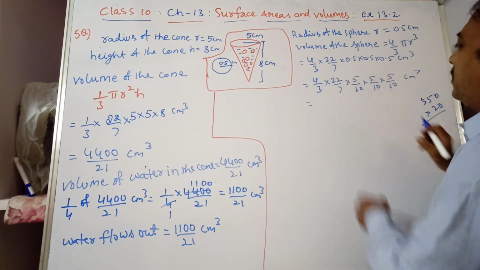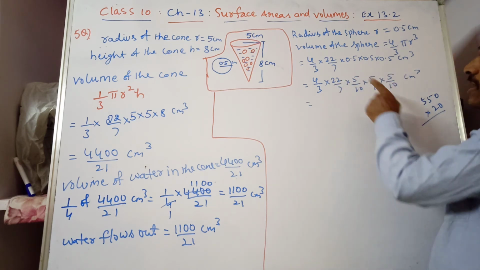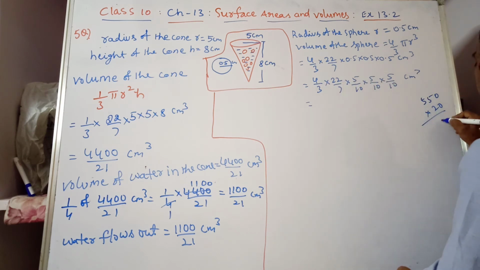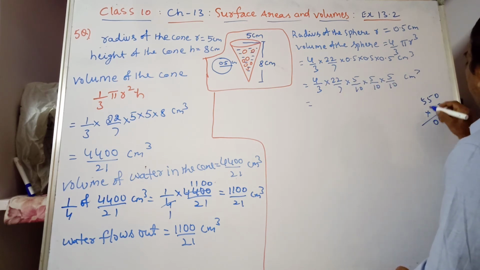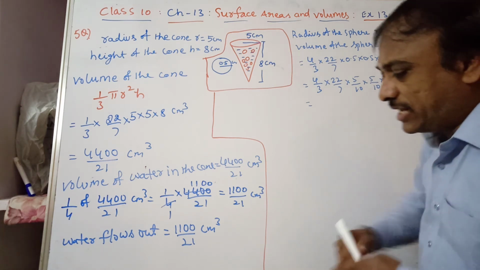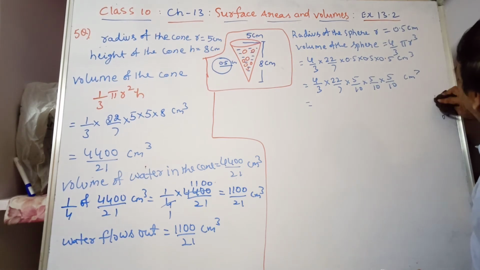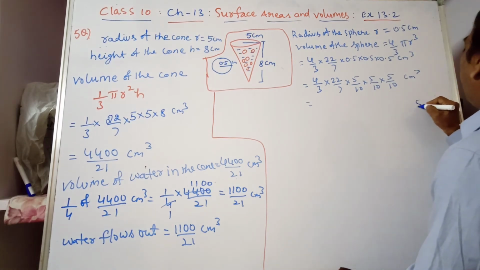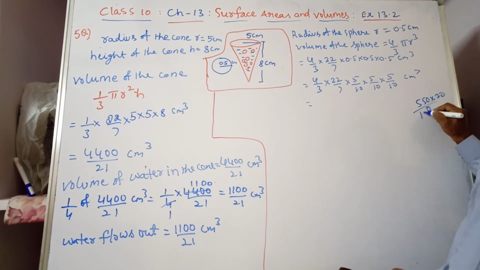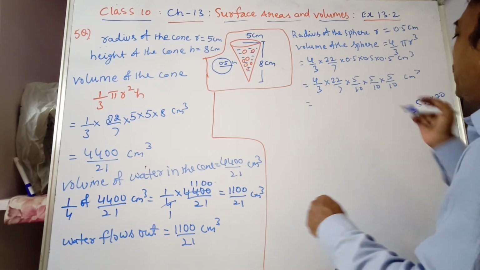So 550 into 20 we are doing. Forget about these 2 zeros: 2 fives are 10, 2 fives are 10 plus 1, that is 11, and the 2 zeros are added. Is it clear to you?